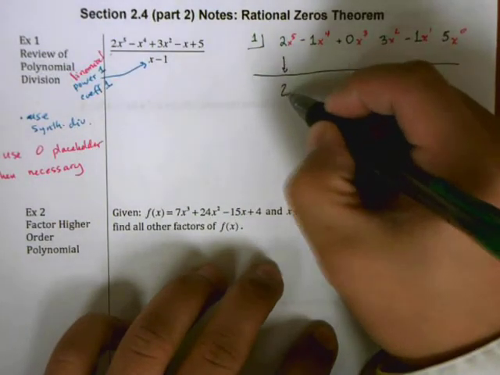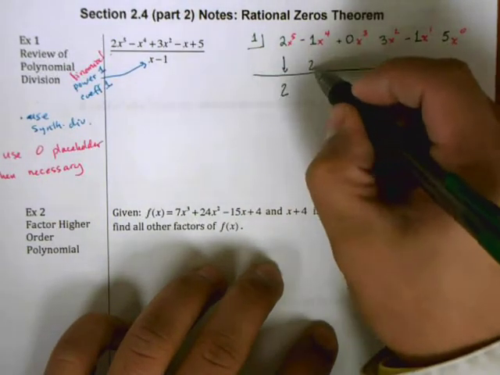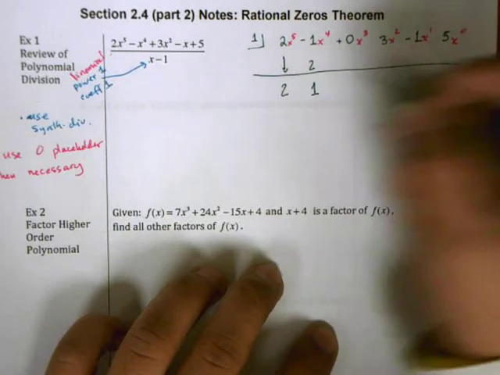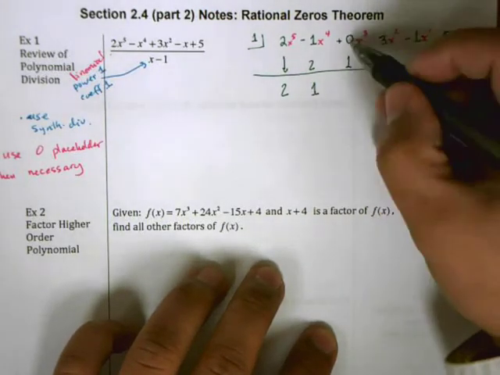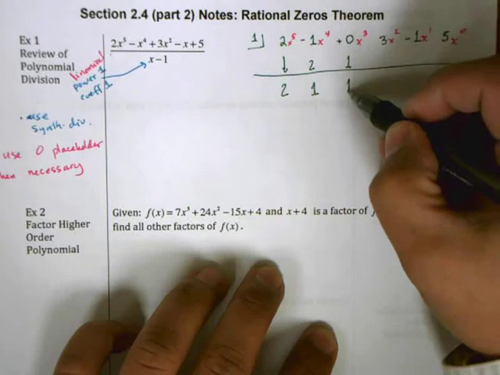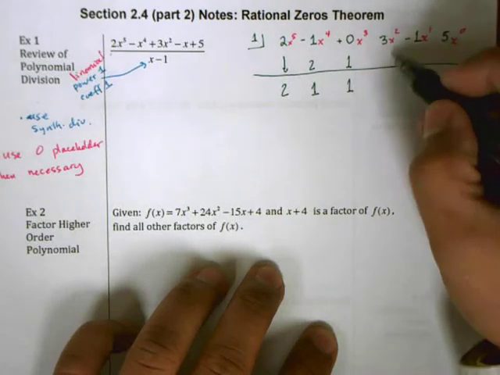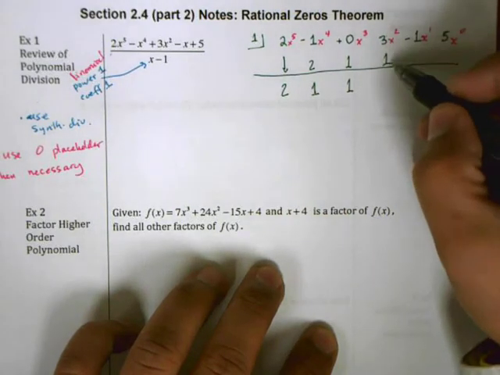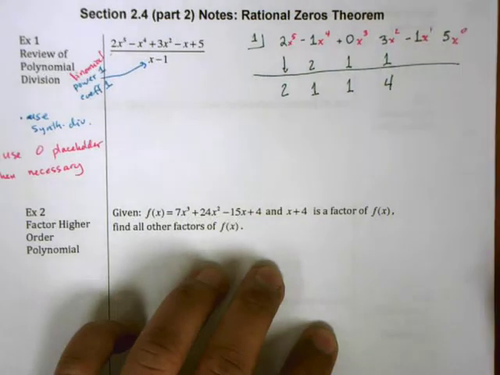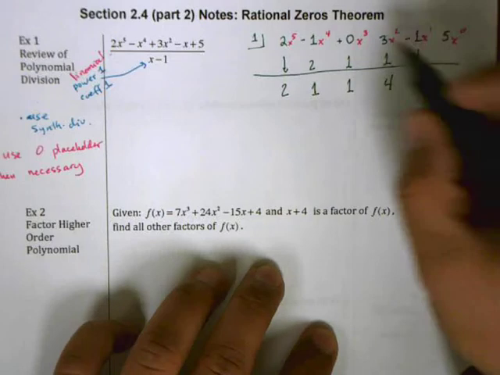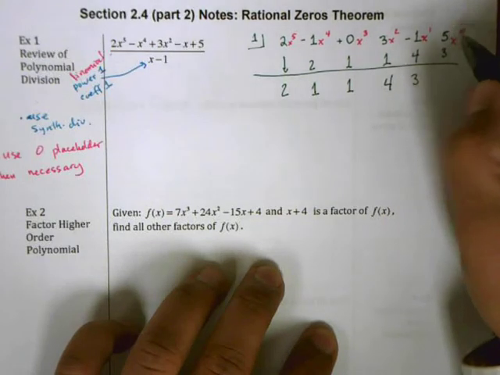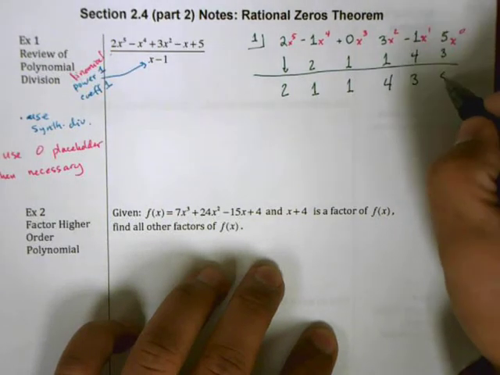Bring down the 2, multiply, add these two, multiply 1 times 1, add 0 plus 1 is 1, 1 times 1 is 1, 3 plus 1 is 4, 4 times 1 is 4, -1 plus 4 is 3, 3 times 1 is 3, 5 plus 3 is 8.